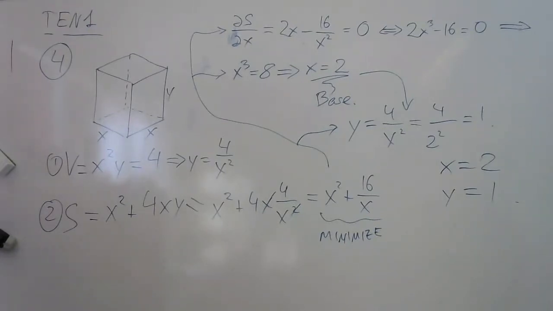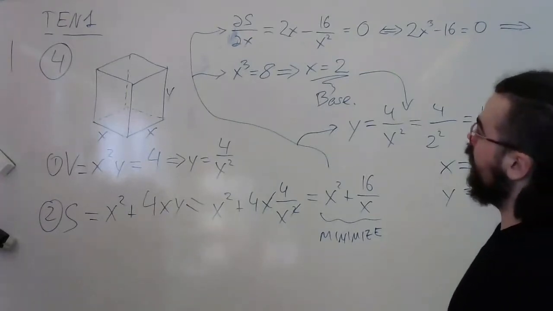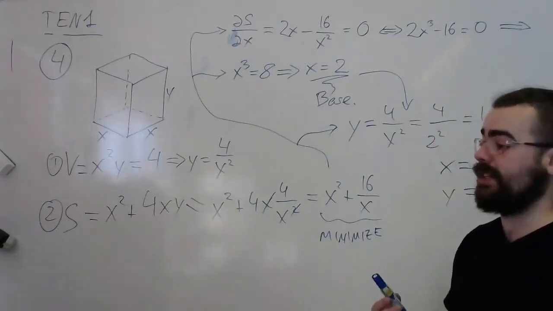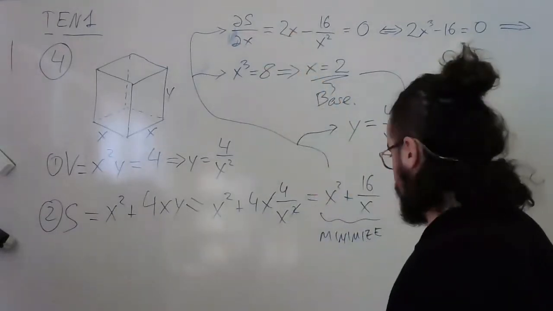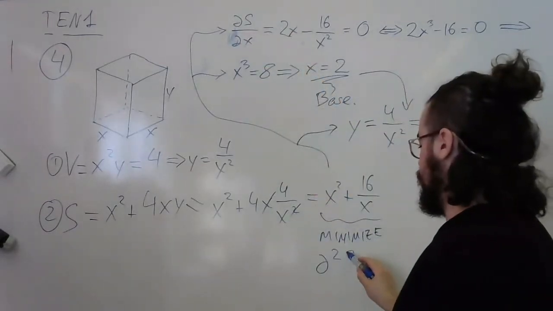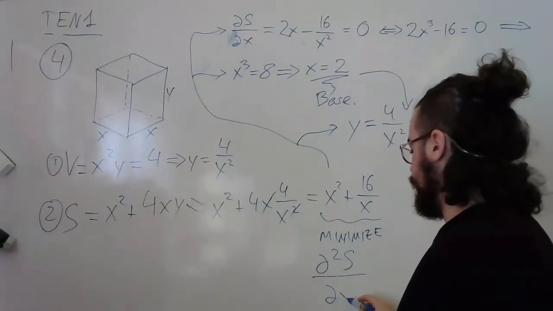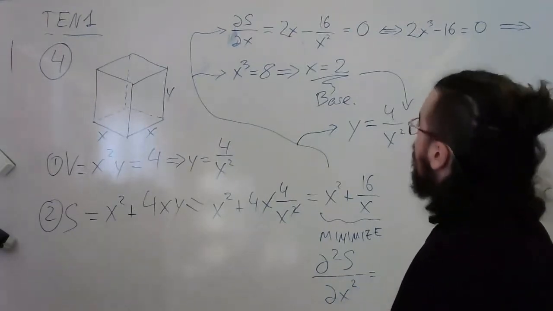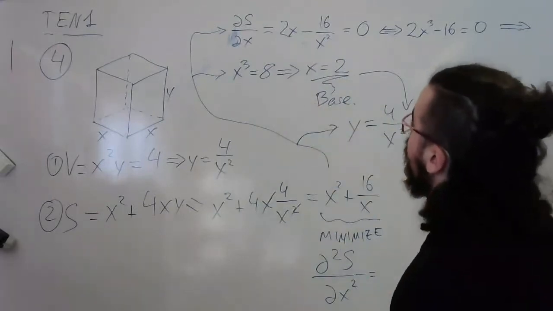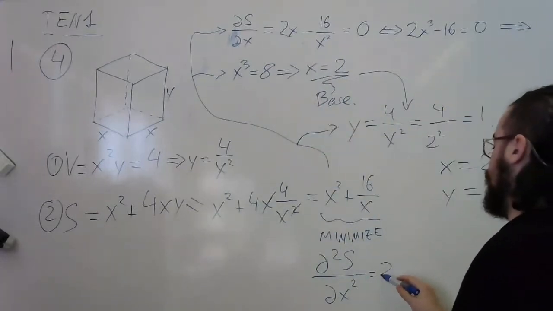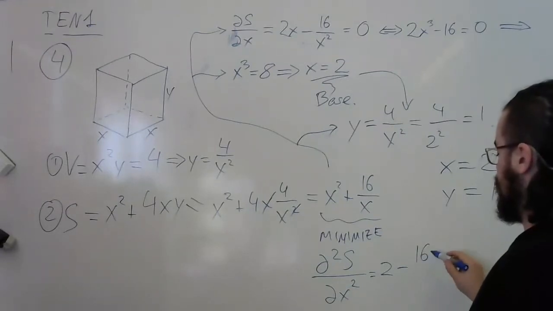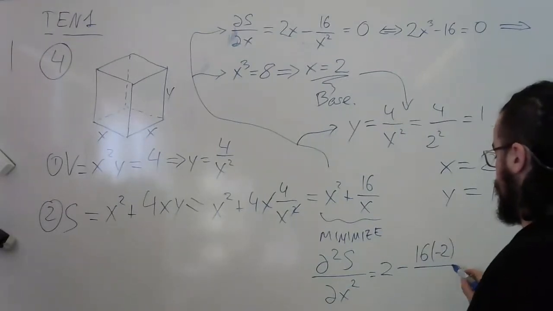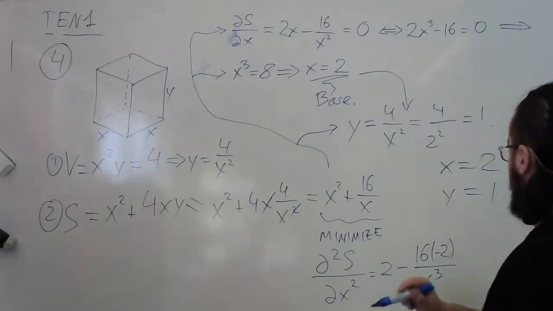But how do I know that the surface is minimal? Well, in order to see whether the surface is minimal or maximal, I need to use the sign of the second derivative. The second derivative is the derivative with respect to x of this thing right here, 2 minus 16 times minus 2 over x cubed.